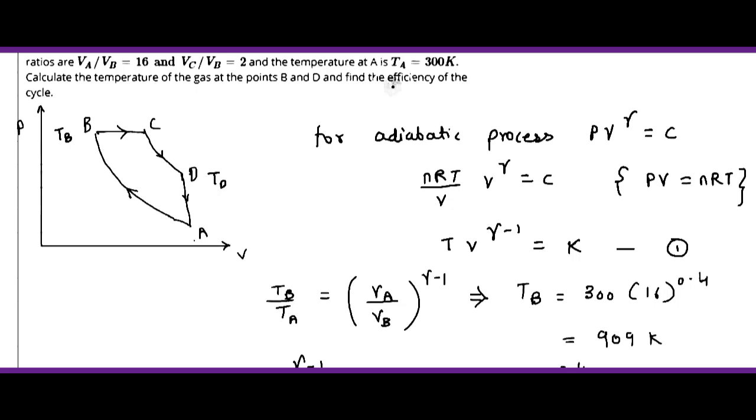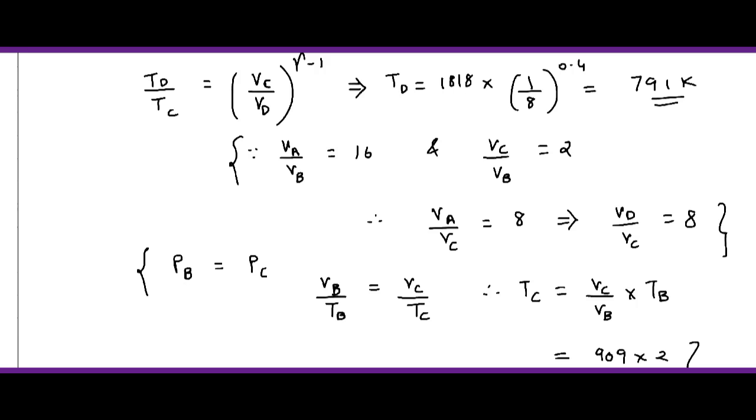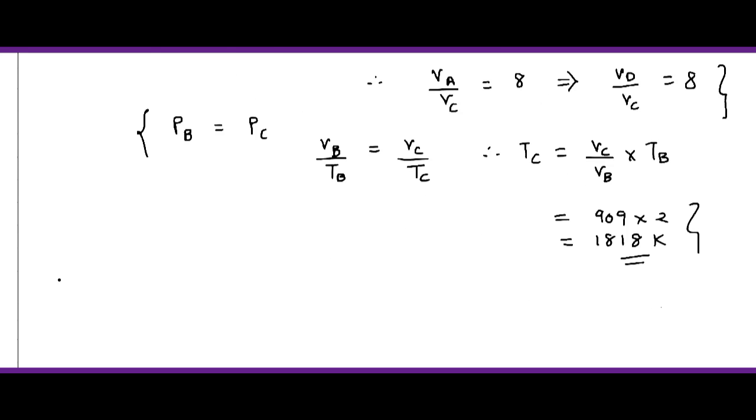Let's now move on to the second part, in which we have to find the efficiency of the cycle, denoted by eta. So eta can be written as net work done upon heat supplied, into 100. This is the formula for efficiency.